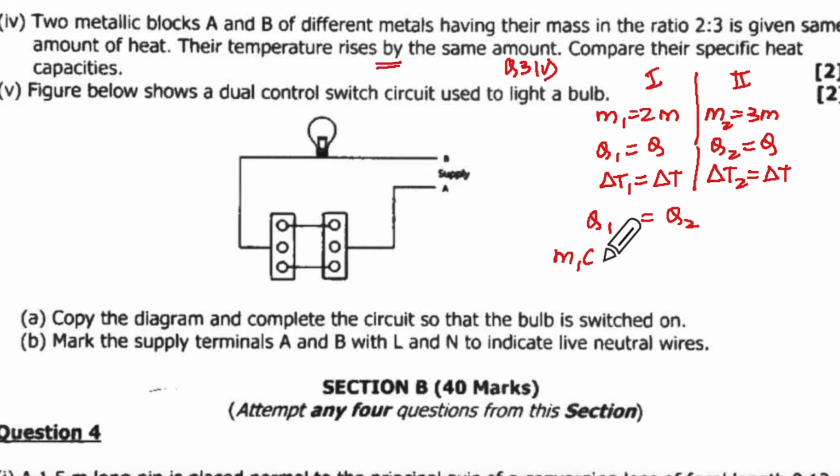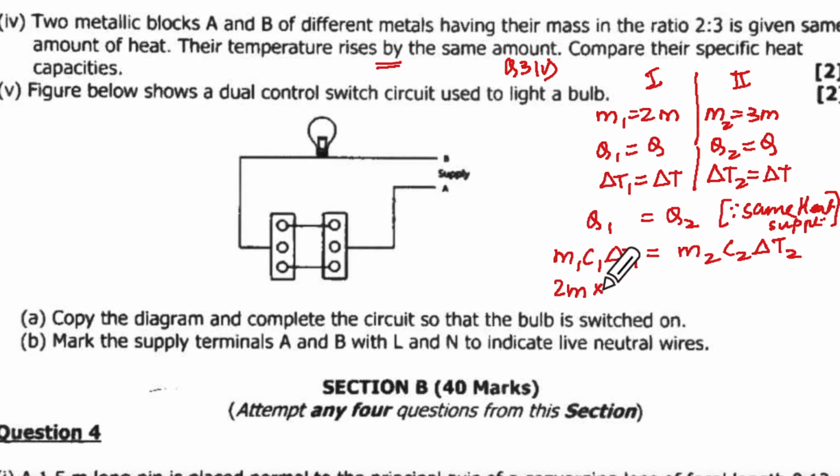So M1 C1 delta T1 will be equal to M2 C2 delta T2, since same heat supplied. Now for M1 you write 2M into C1 into delta T equal to 3M into C2 into delta T. Delta T gets cancelled, M gets cancelled.